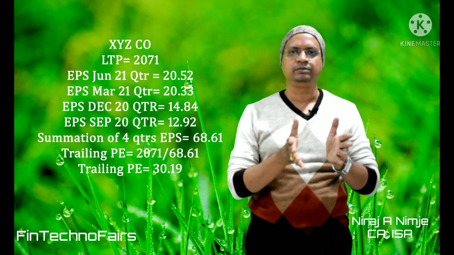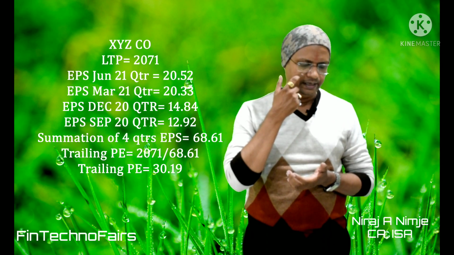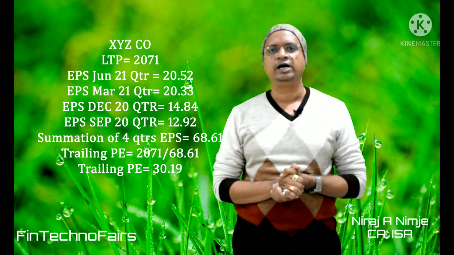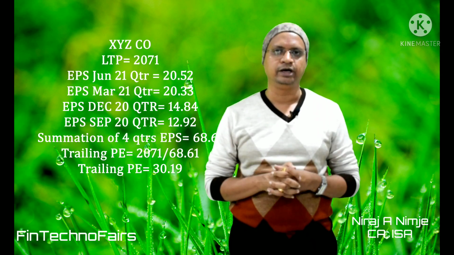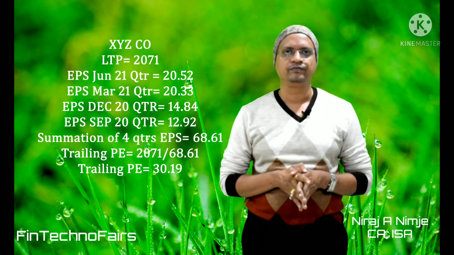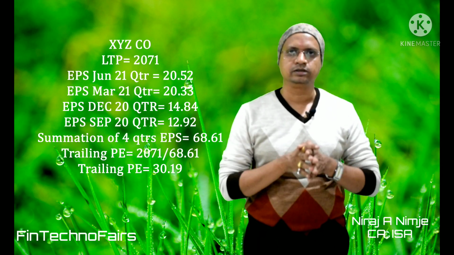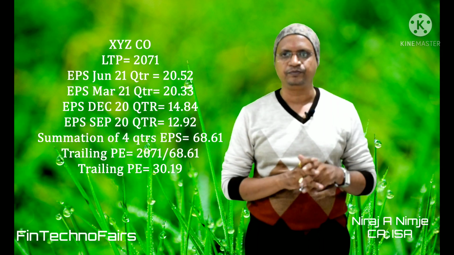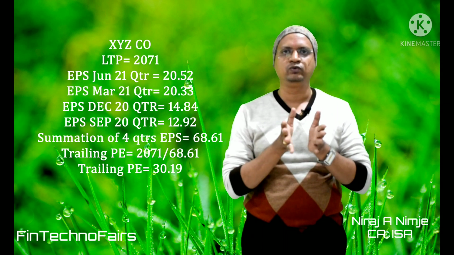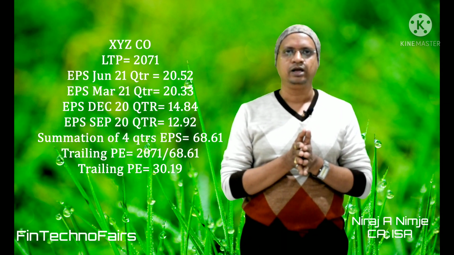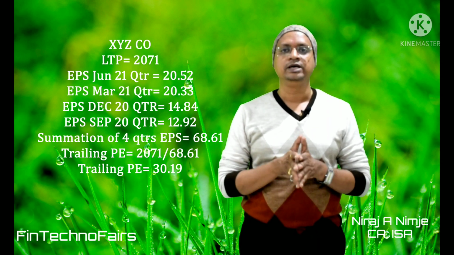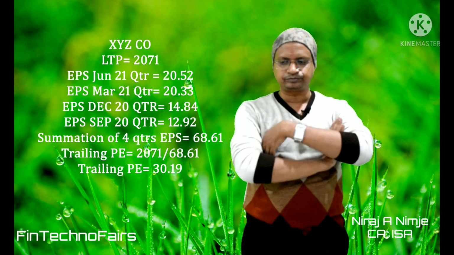EPS for June was 20.52, for March 21 it was 20.33, for December 20 it was 14.84, for September 20 quarter it was 12.92. So EPS over a period of last 12 months will be the summation of all these EPS, which comes to 68.61.